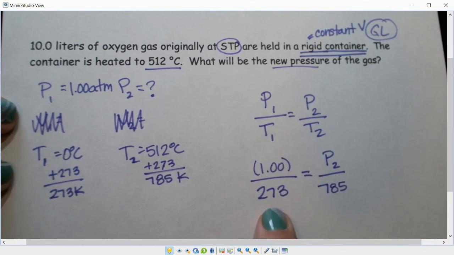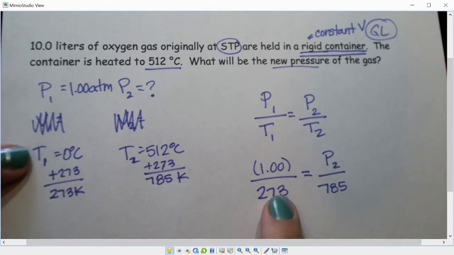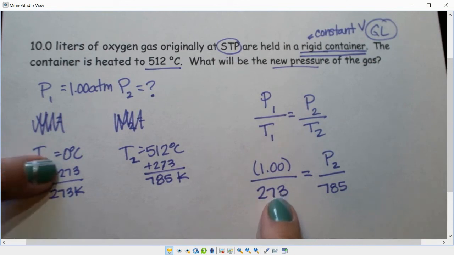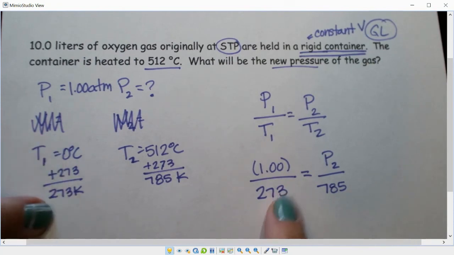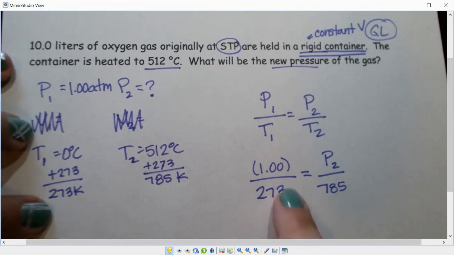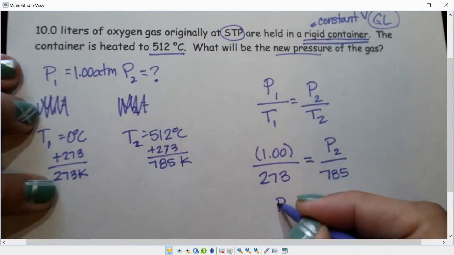This is the perfect example of one of the reasons why we have to convert temperature from Celsius to Kelvin, because I cannot put 0 as a denominator. So I had to convert this from Celsius to Kelvin because I can't have a 0 down here. I also don't want to have a negative number down here, because if I solved with a negative number, then I would end up with negative pressure, and that's not possible.